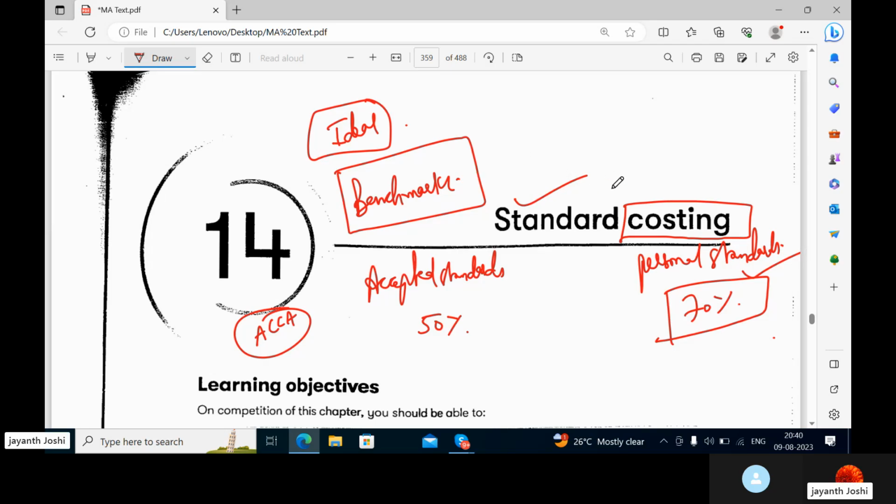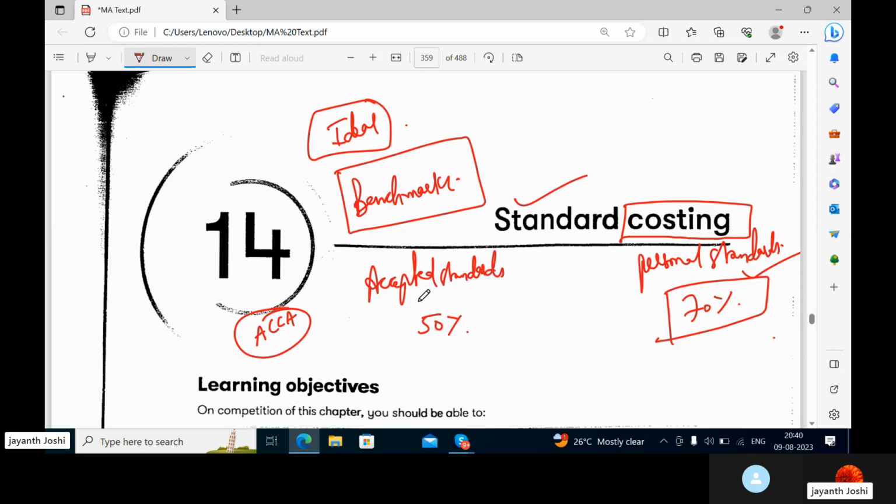So one statement I can give: this chapter is all about setting standards. We can estimate what should be according to us, but we cannot tell what is going to happen in actuality. So when we set standards, we can compare them with the actual outcome. That is what we want to know here.